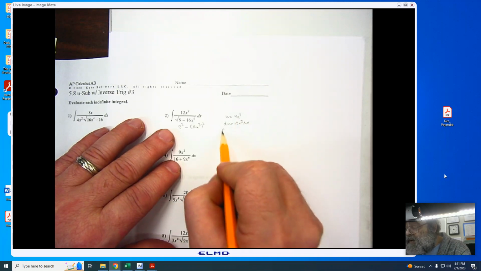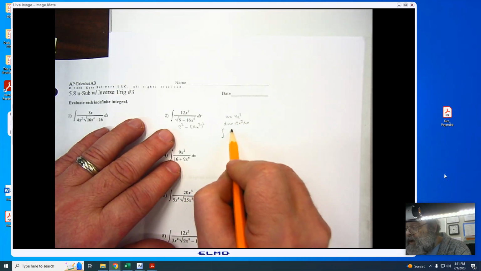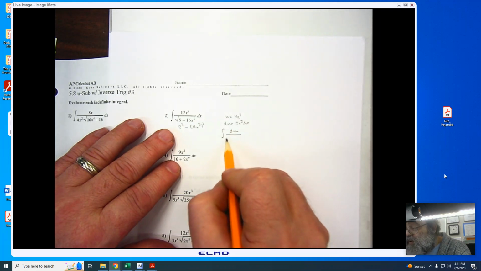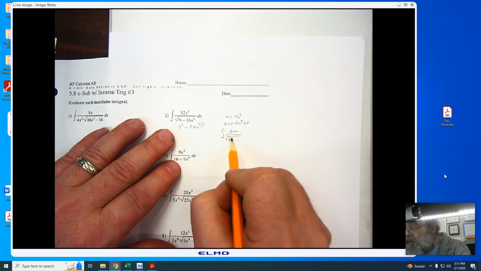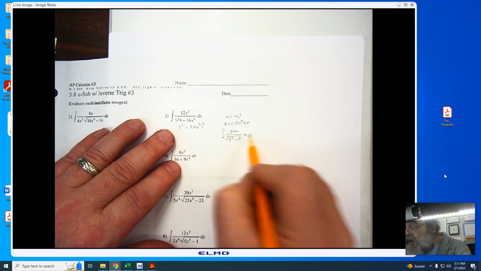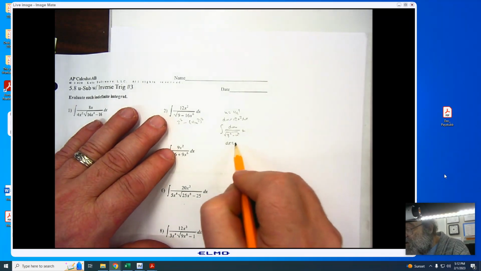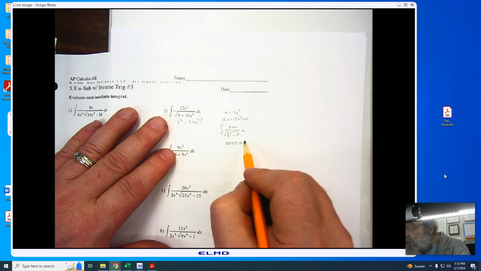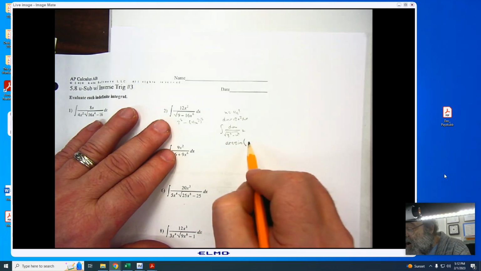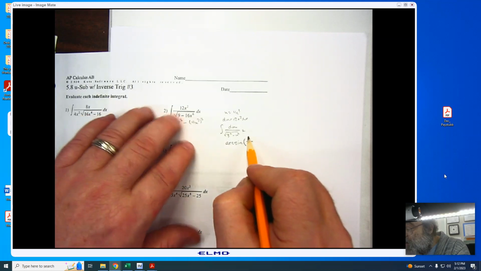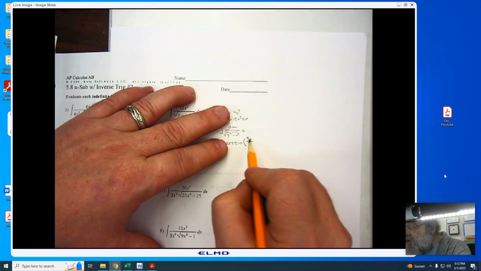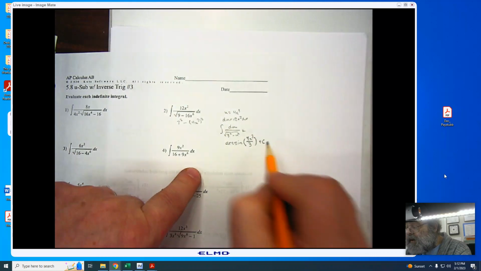I can now look at this as the integral of du over the square root of 3 squared minus u squared. This we know to be our arc sine, so we're looking at the arc sine of u divided by 3, with u as 4x cubed, plus c.